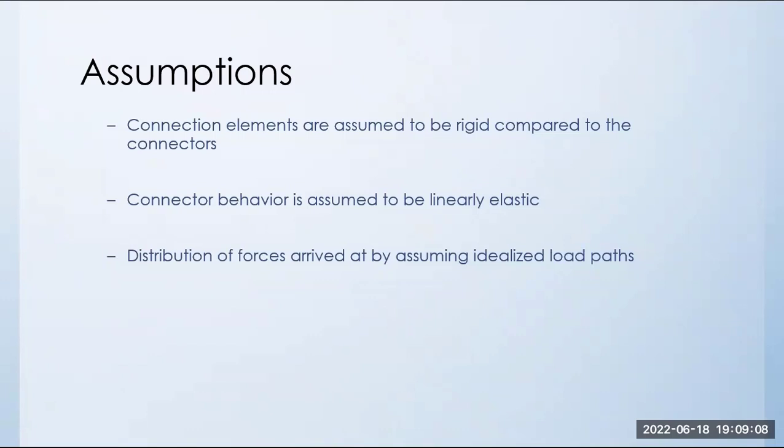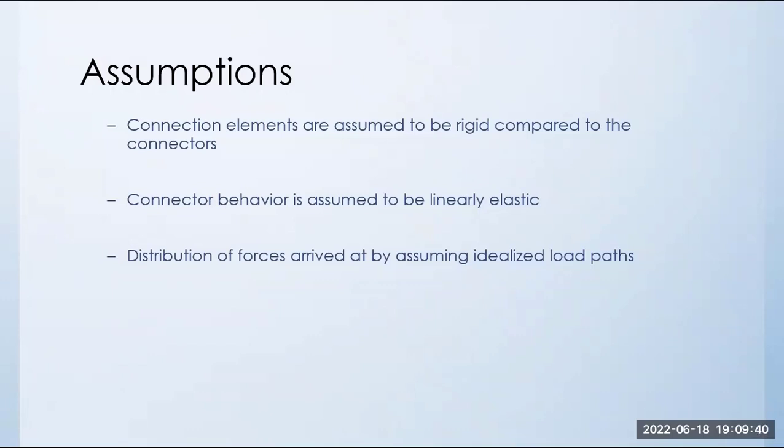The end plate and beam are all considered rigid, meaning they do not change dimensions. The connector, whether bolted connection or rivet, is assumed to be linear elastic, so there won't be any inelastic or non-linear variations in the distribution of forces and stresses.